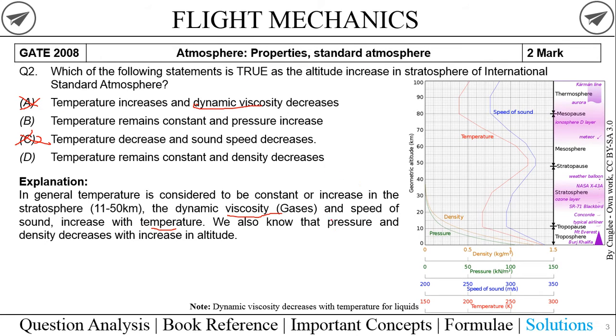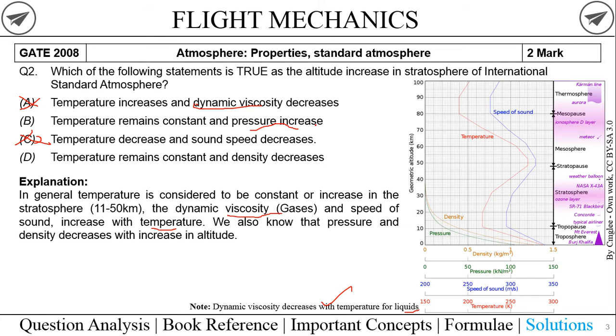And one particular point of interest is that the dynamic viscosity of liquids, in contrast, decreases with temperature. So for gases it increases with temperature, and for liquids it decreases with temperature.